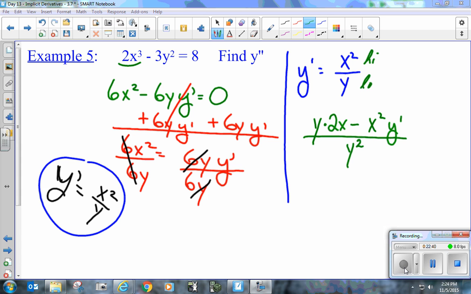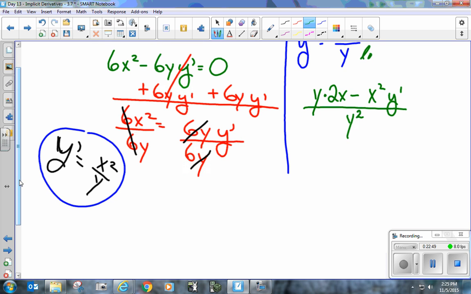All right. Now this is what I'm going to do. For the sake of ease, I'm going to break that up into two separate fractions. I've got 2xy, that's what I get when I multiply these, over y squared, minus x squared over y squared, but this side is times y prime.